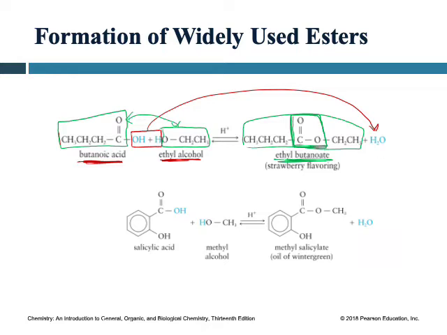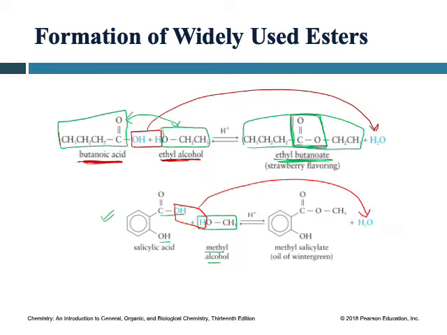Let's take a second example over here. This is a benzene with a carboxylic acid, and it reacts with one more alcohol called methyl alcohol. What's going to happen? OH and H react together and are removed as water, and then what else is left?